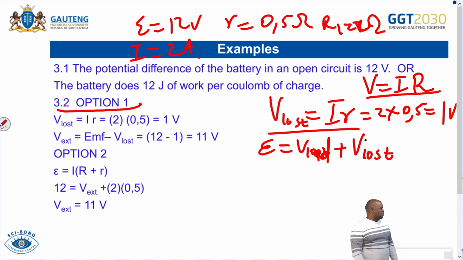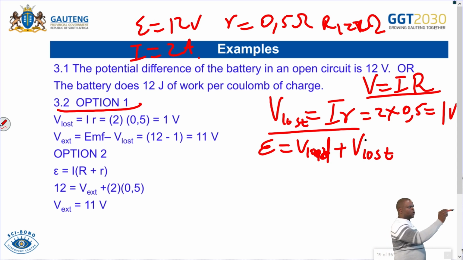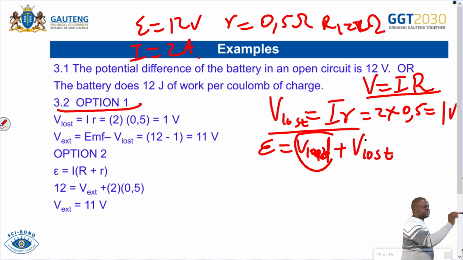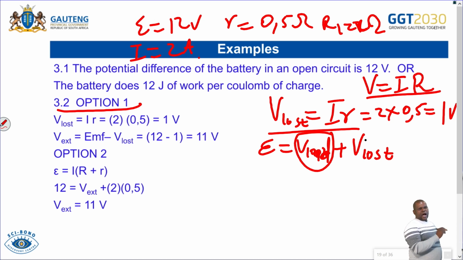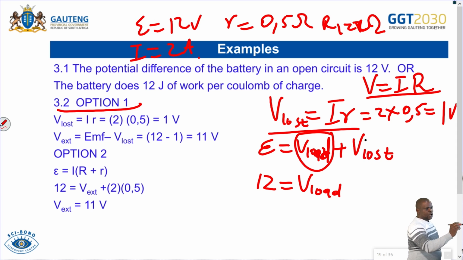Now remember, what are we calculating? We're supposed to calculate V load. They want to know how much is V load. We know our EMF is 12, then it's equal to V load plus V lost. This is our V lost that we just calculated. Then V lost is equal to 1.